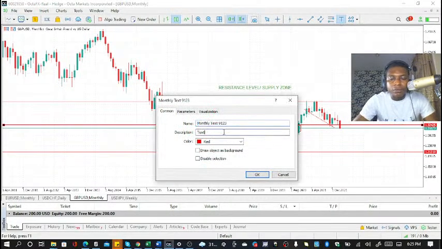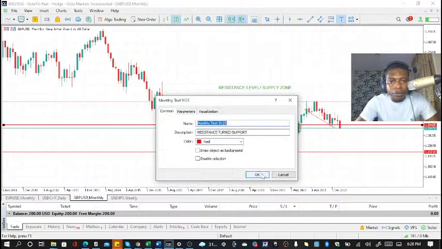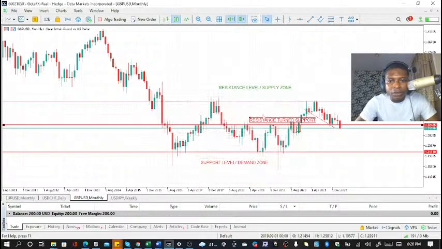All right, so we can see it. Resistance turned support. Resistance turned support. All right, good.